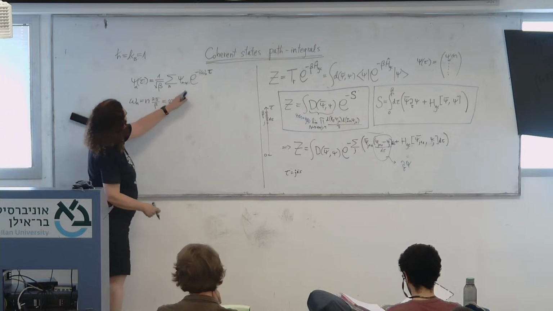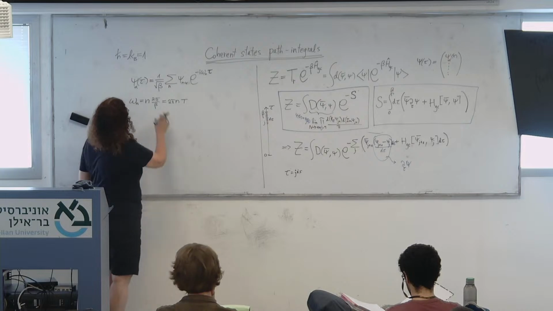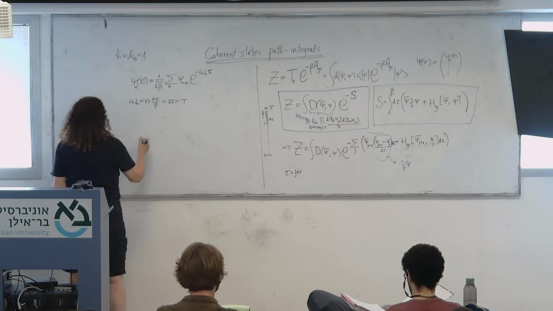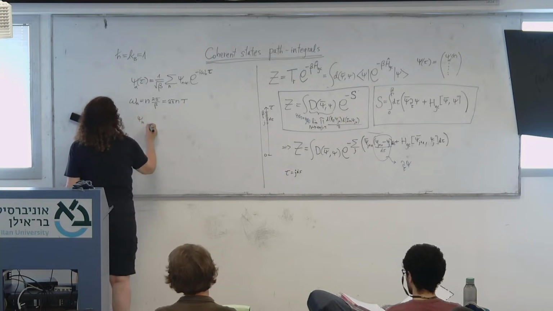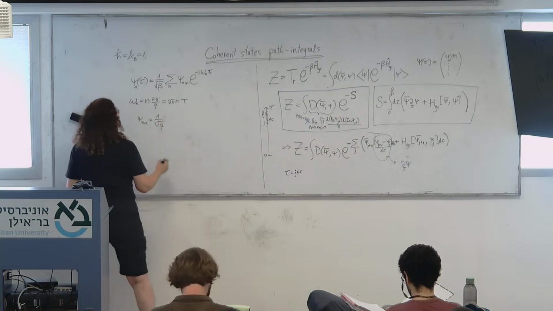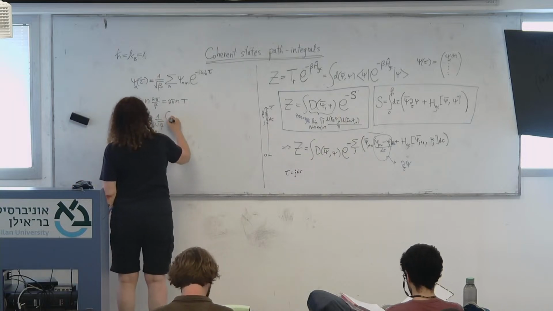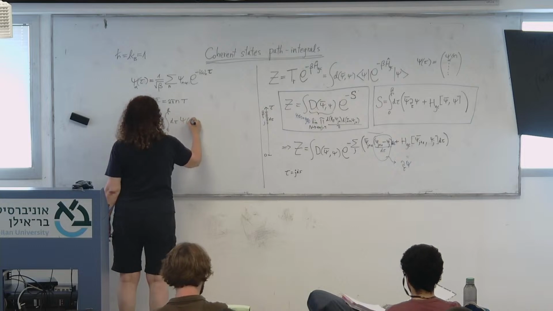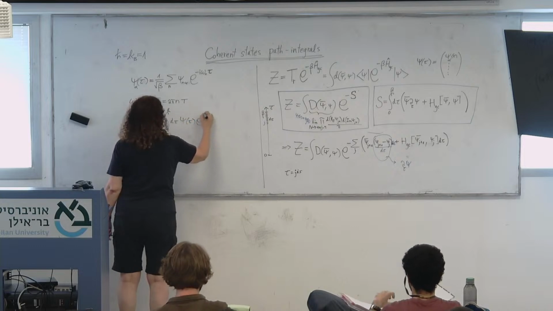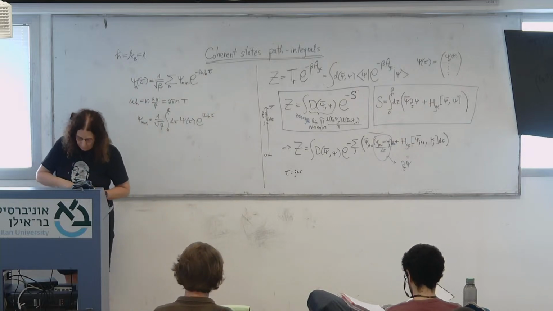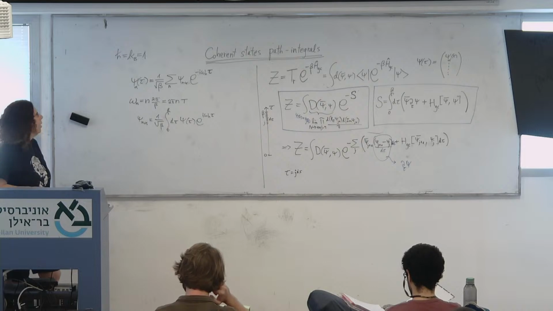Okay, so this is a definition, an expansion in Fourier components. And the inverse transform is that psi n is 1 over square root of beta times the integral d tau from 0 to beta of psi tau e to the i omega n tau. Okay?